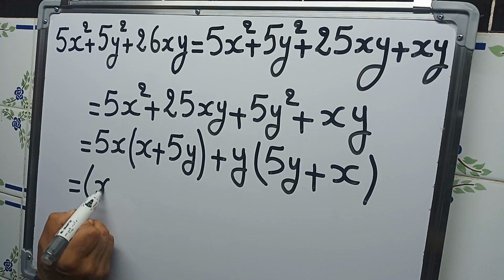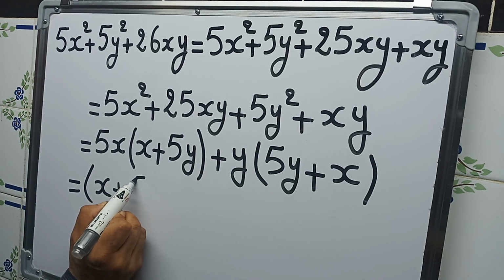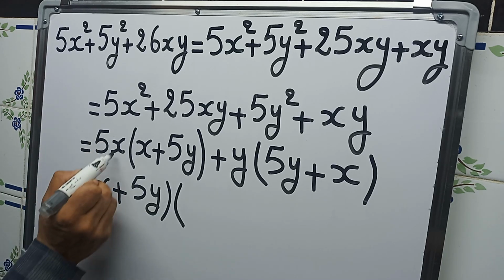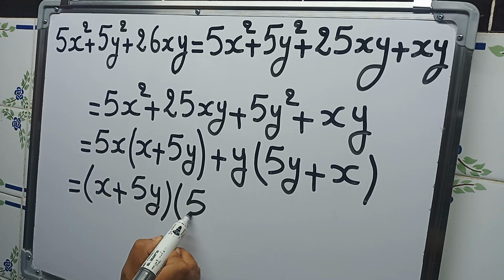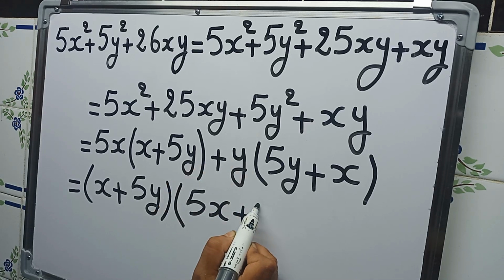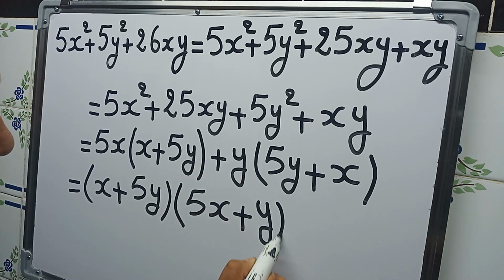So x plus 5y is the common factor. And here we have 5x remaining, so 5x plus, and here we have y remaining, so y.